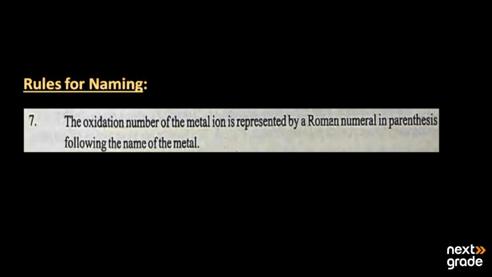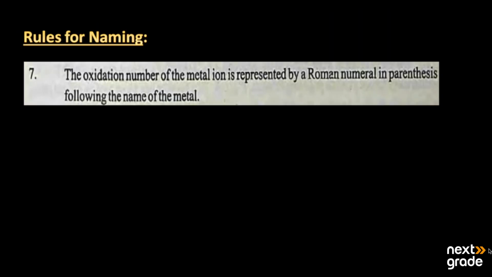Now the last rule for the naming of complex compounds: the oxidation number of the metal ion is represented by a Roman numeral in parentheses, meaning in brackets, following the name of the metal. It means after the metal we have to show the oxidation number of the metal ion, represented in parentheses.